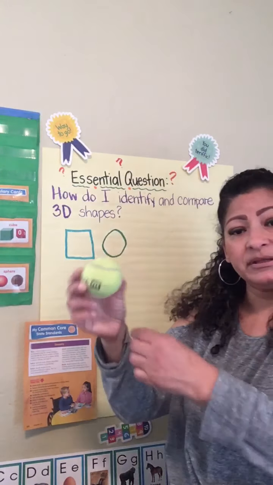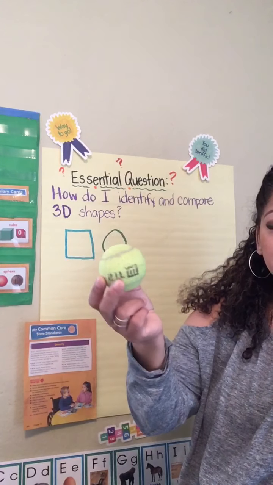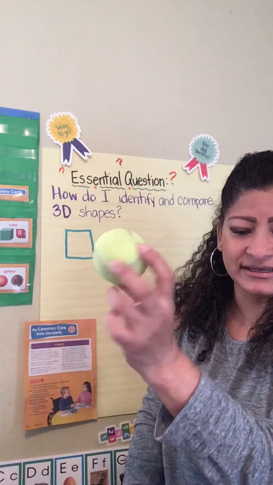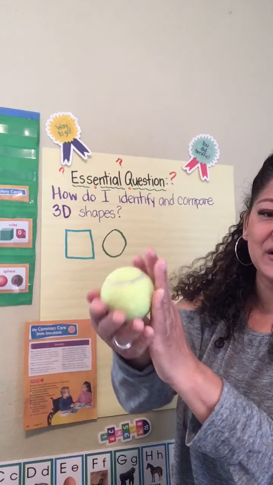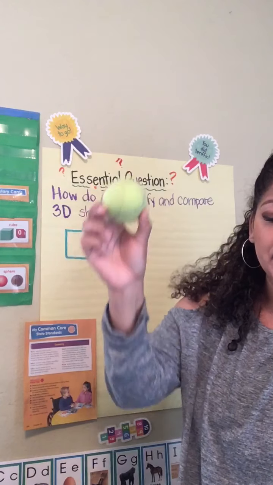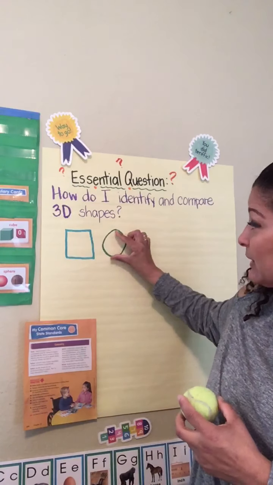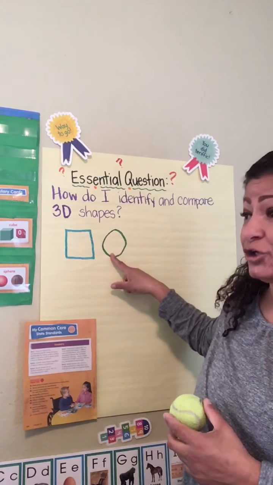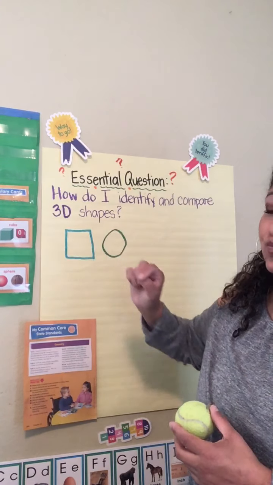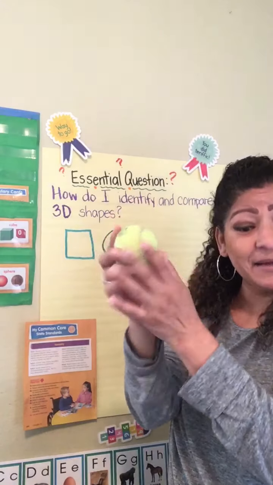The next shape is a sphere. Boys and girls, a sphere is just like a ball, isn't it? It's perfectly round, like a ball, like my tennis ball that I use. Boys and girls, remember, this is a circle. This is two-dimensional. Can I pick it up? Mm-mm. Can I hold this and pick it up? Yes.